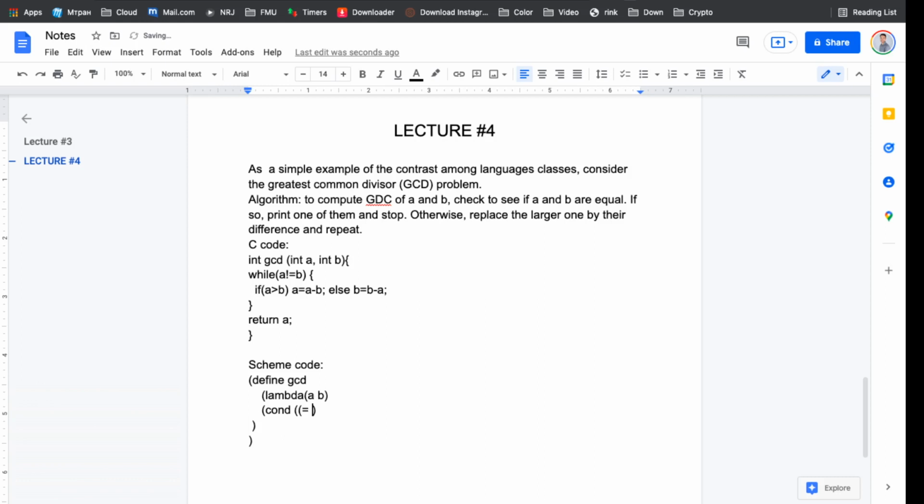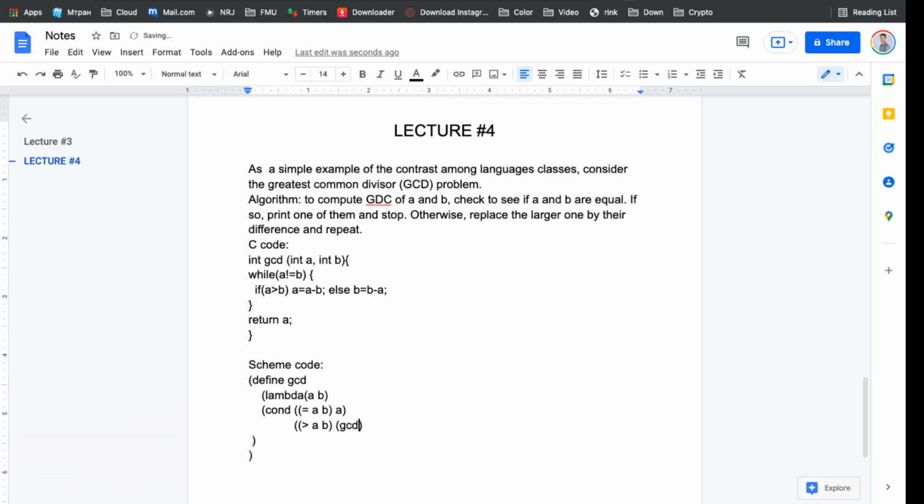Here we're comparing A and B. If they're the same, we return A. Now if they're not the same, then do this, which means A is greater than B. In this case, kind of like we call the same function on different arguments, right?